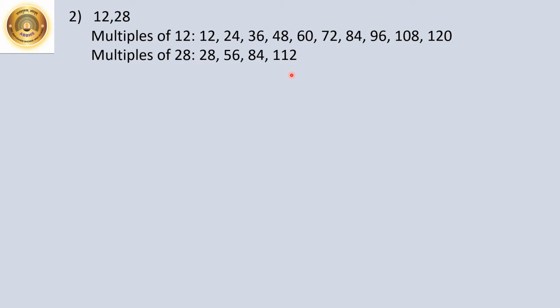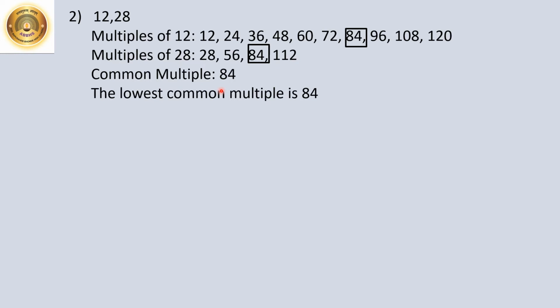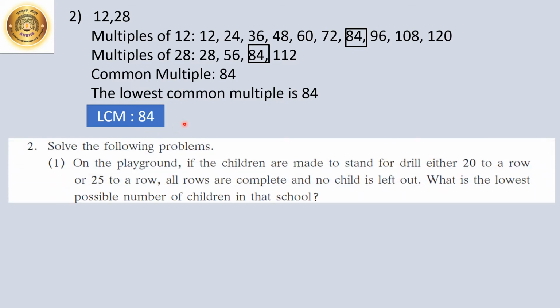Find out common multiple. See here, 84 is common. Write down common multiple 84. The lowest common multiple is 84. So the LCM is 84. Always students, write the answer in the box.